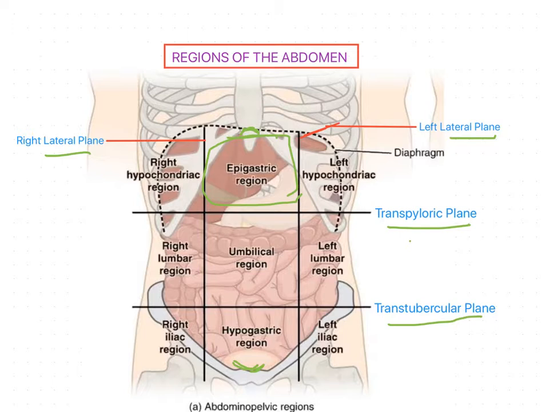Anteriorly, this plane passes at the tips of the 9th costal cartilages.